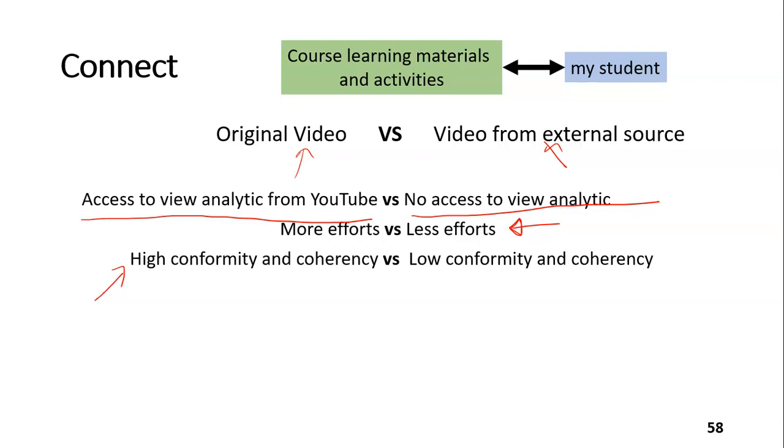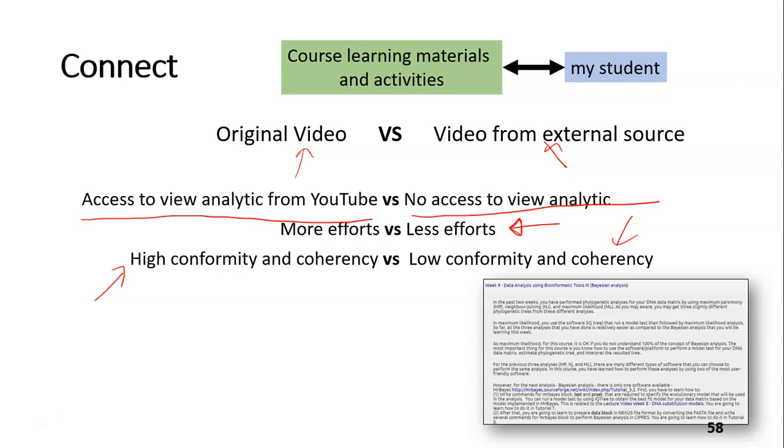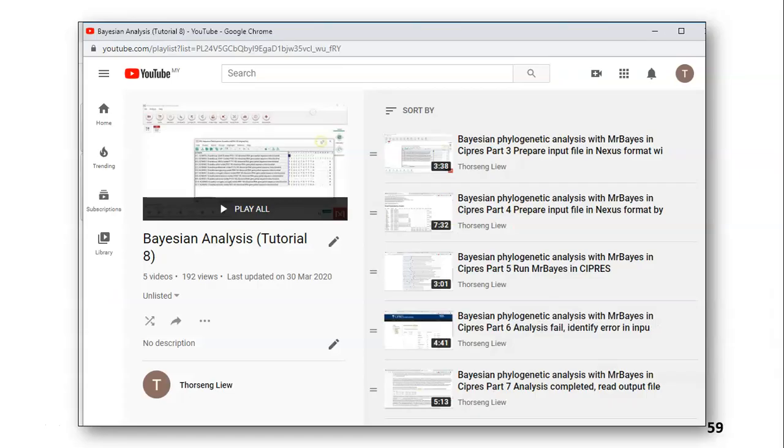If we use existing videos, they will have very low conformity and coherency. But you still have a way to fix it: make very clear instructions and write something to link all these videos together. Make a storyline.